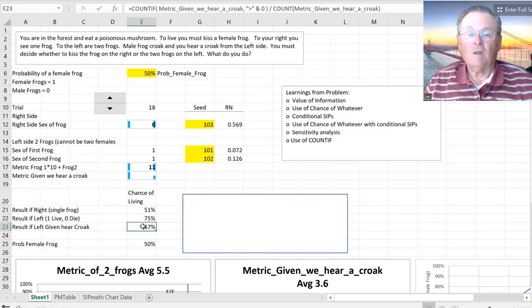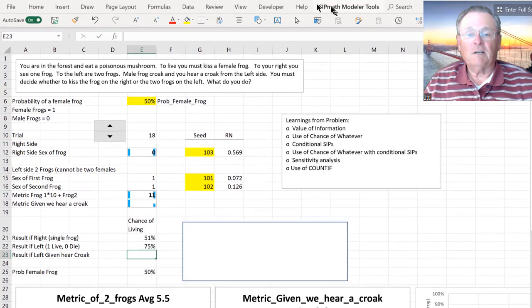Now, then we have to make a little correction to the count of whatever, because the chance of whatever typically divides by all trials. I'll tell you what, I'm going to redo this one here so you can see how that's done.